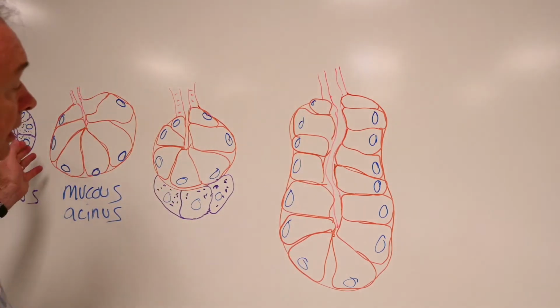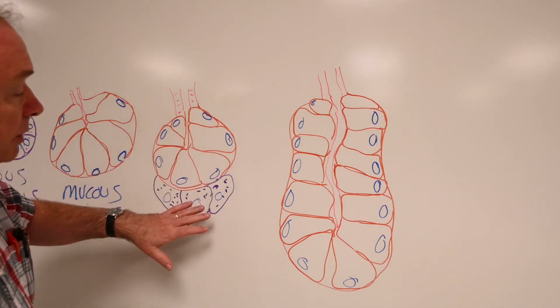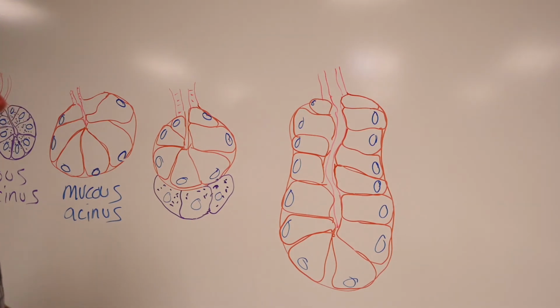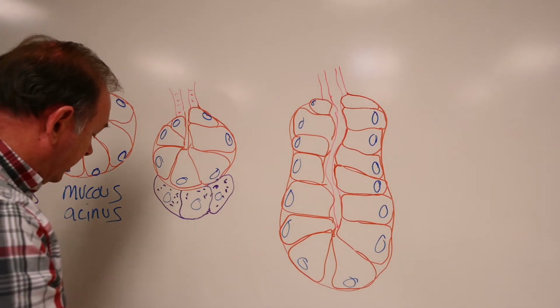So we've shown serous, mucous, mucous with serous demilunes, and a mucous gland that is tubuloacinar in its shape.